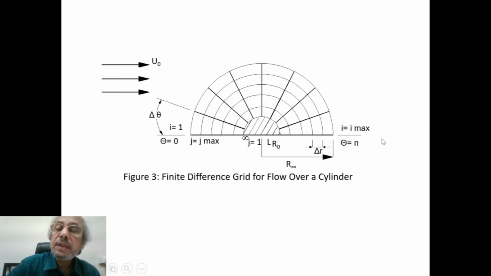This r can be very large, and the grid points in the theta direction are counted by i equal to 1, i equal to 2, i equal to 3, similarly up to i max, from theta equal to 0 to theta equal to pi. And the j's are j equal to 1, 2, 3, 4, up to covering the entire r infinity.